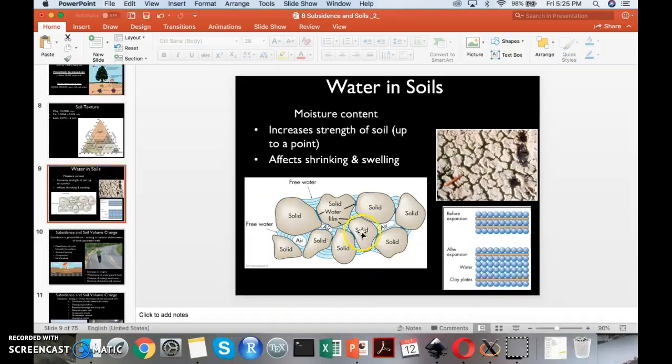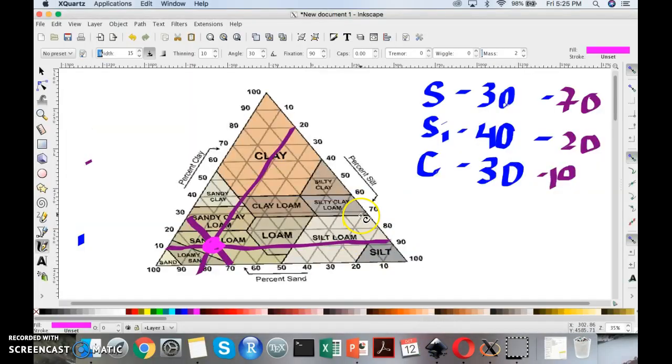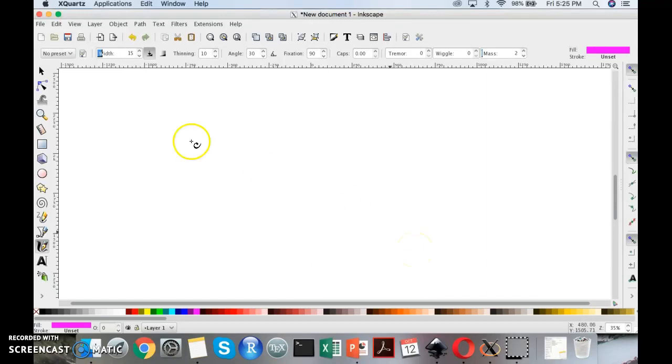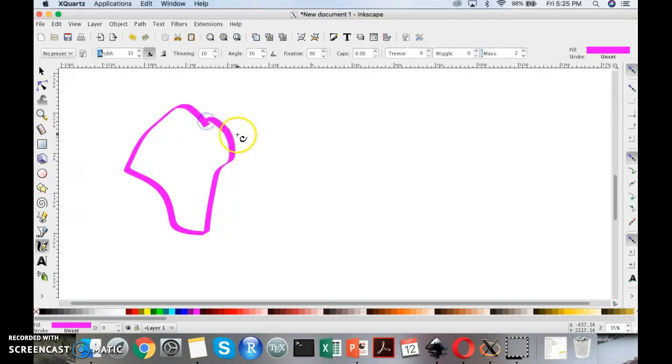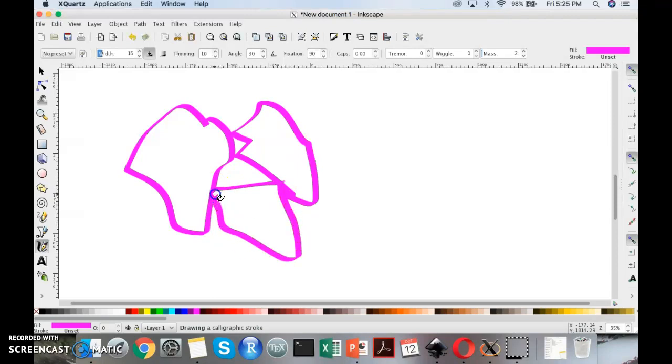So let me draw that actually so you kind of get what I'm saying. Let's go over here. So if I have this very large angular grain, 1, 2, and 3, grains that altogether have a specific weight, let's call it 10 pounds.